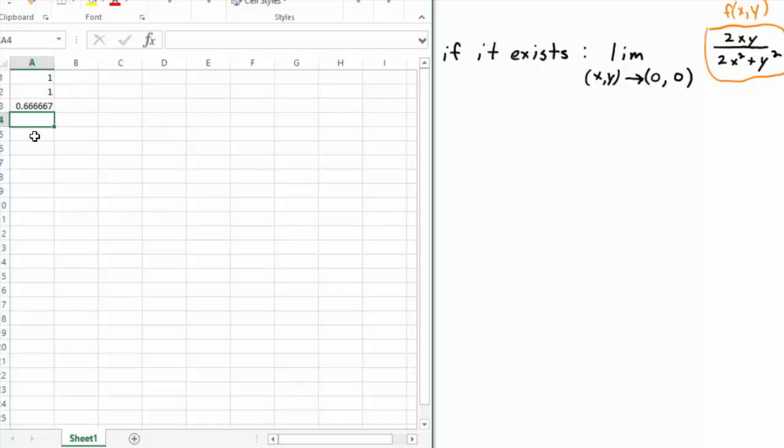So here's what we can do. Let's start at, say, negative 0.2. So these are going to be x values. And let's go by maybe, I don't know, 0.05. So the next one would be negative 0.15.